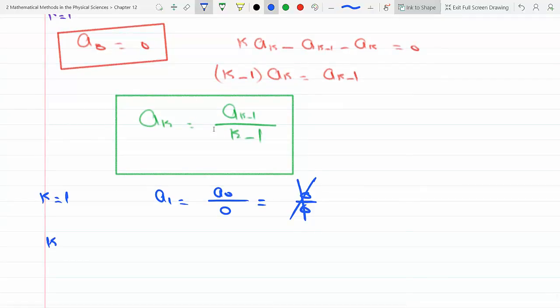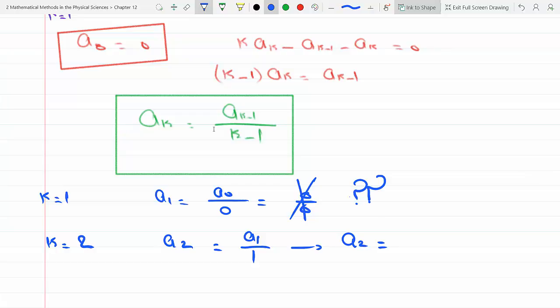Now let's start at k equals 2. So this is going to give me a2 equals a1 over 1. So basically a1 is my unknown. This is my missing coefficient that I'm trying to find.